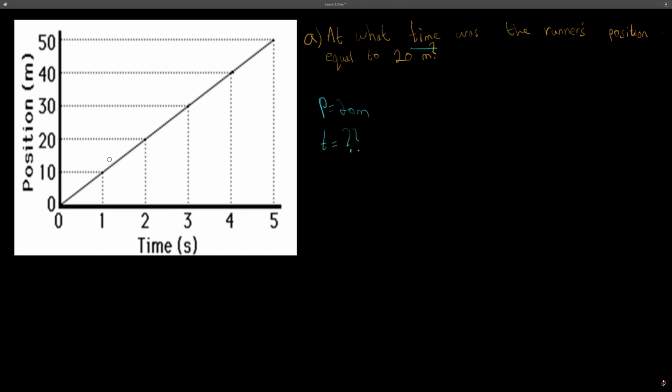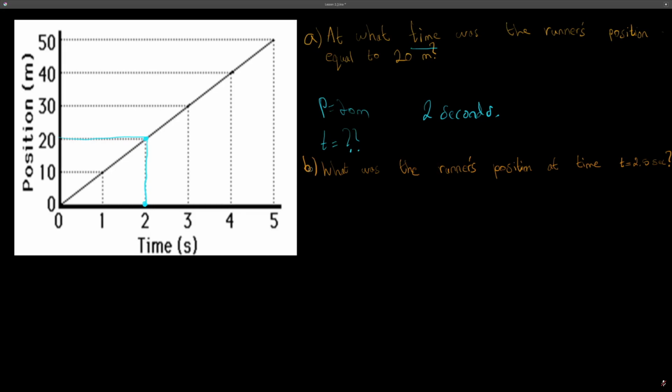We find the 20 meters, and then we draw a line. It's already drawn for us. Then we look at the x-axis, which is time, and we find that it's 2 seconds. So the position at 20 meters is 2 seconds.